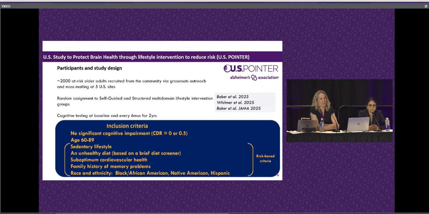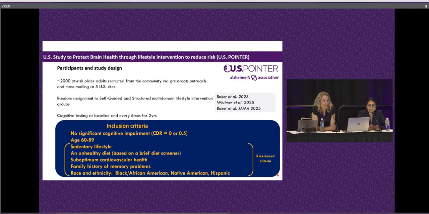This was a population of about 2,000 older adult participants who were recruited from the community via grassroots outreach and targeted mass mailing. 5 US sites. They were assigned to self-guided and structured intervention groups, and they had cognitive testing at baseline and throughout the course of the 2-year study.